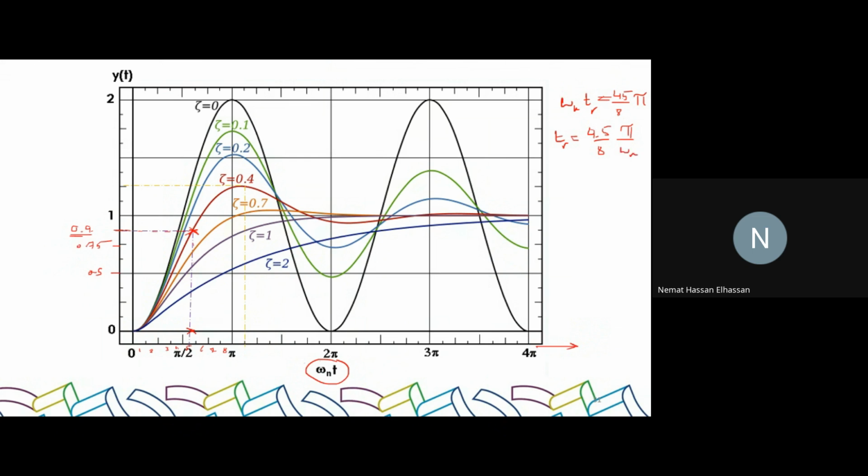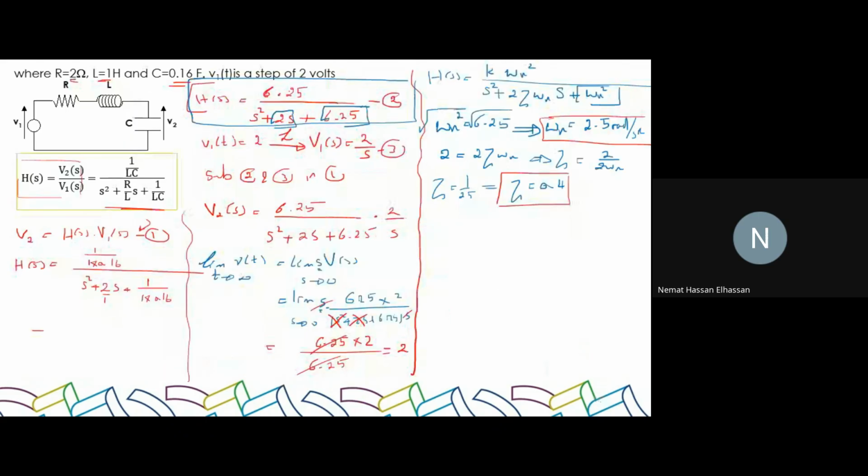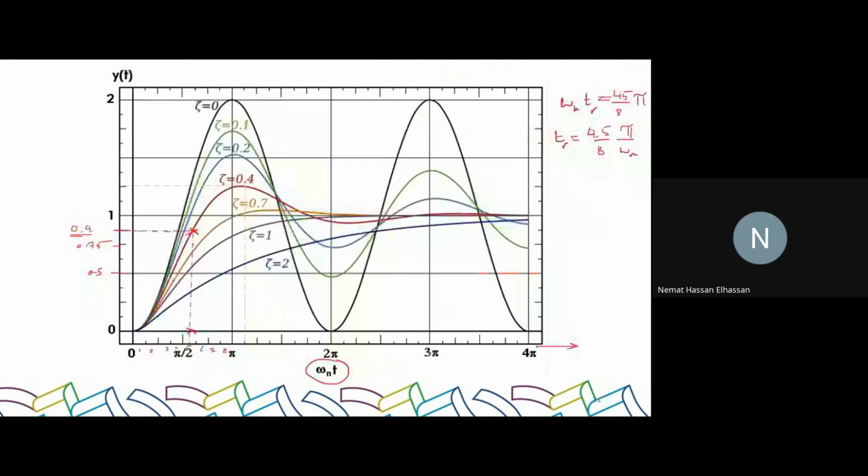I've calculated omega n: in order to calculate zeta, we had to first calculate omega n, which was 2.5. So t rise is 4.5 over 8 times pi over 2.5, and then we can calculate it.